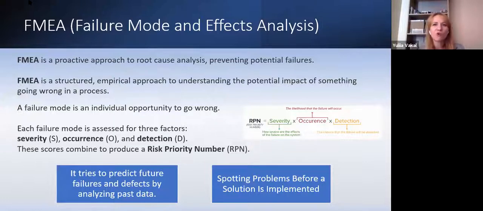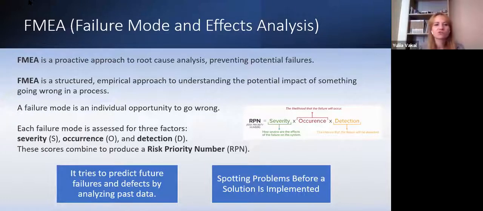Occurrence represents how often the failure occurs, ranging from extremely unlikely to very likely. And detection represents how likely you are to catch the failure, again from 1 to 10.